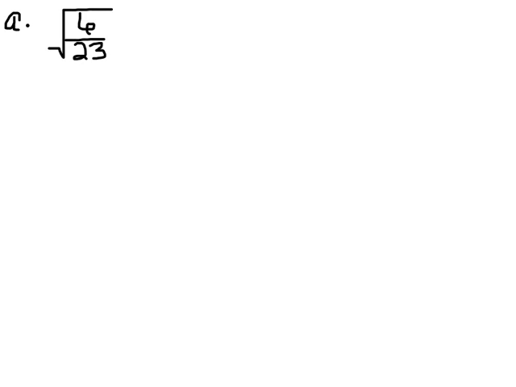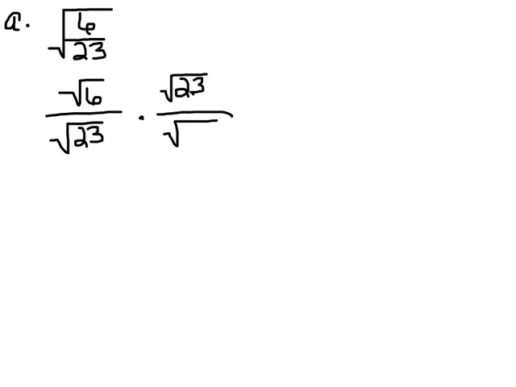Alright, we're going to simplify this, and so we're going to write it as square root of 6 over the square root of 23. We're going to rationalize this denominator. Now on the bottom we've just got plain 23.